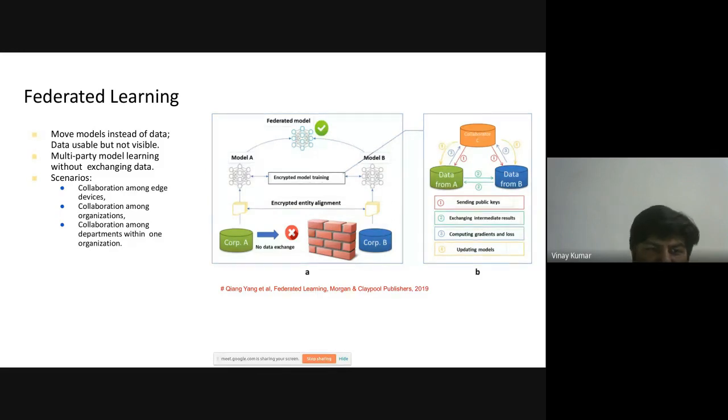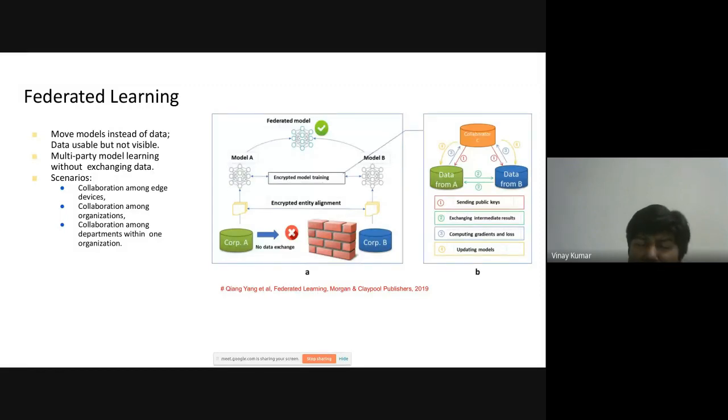So an idea is to train a model at each location where a data source resides, and then let the sites communicate their respective model in order to reach a consensus for a global model.